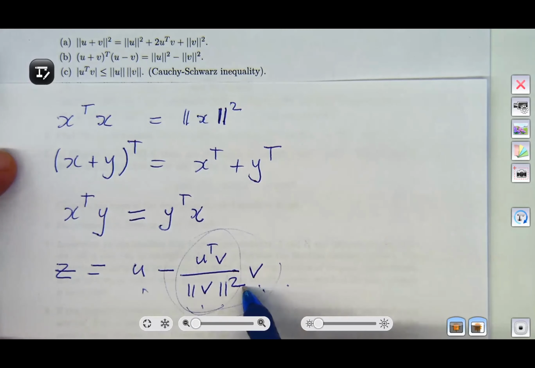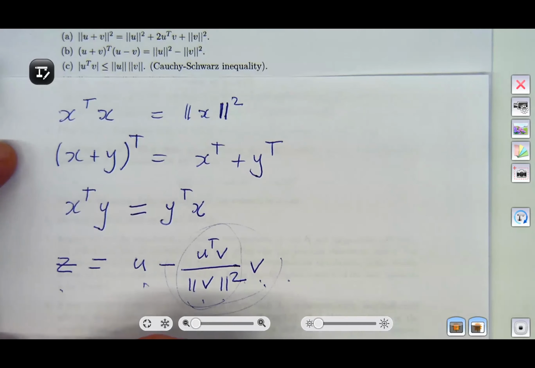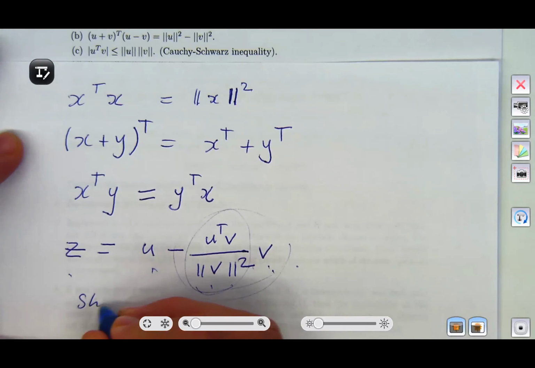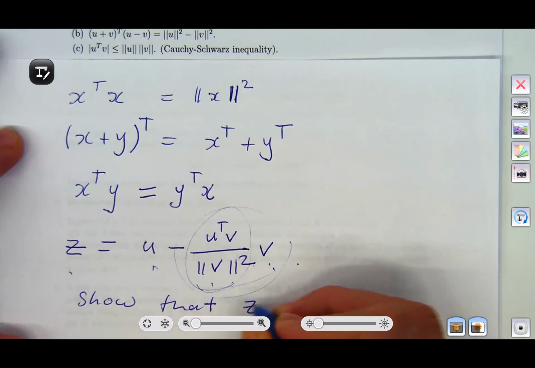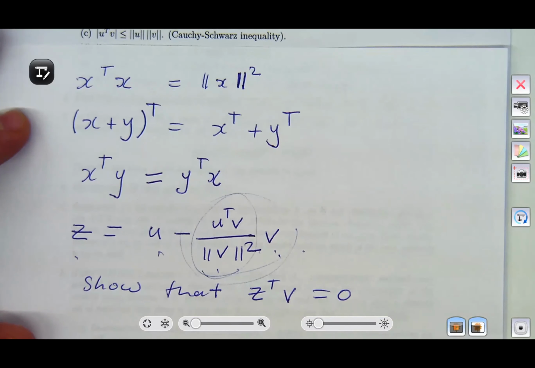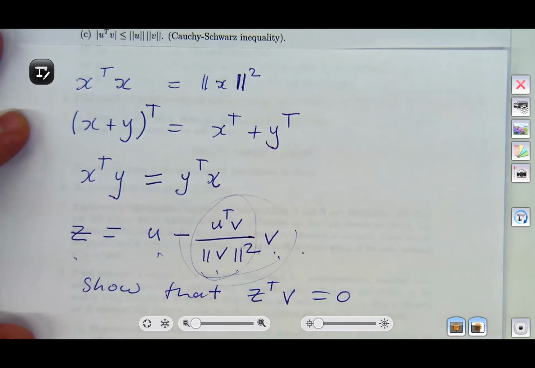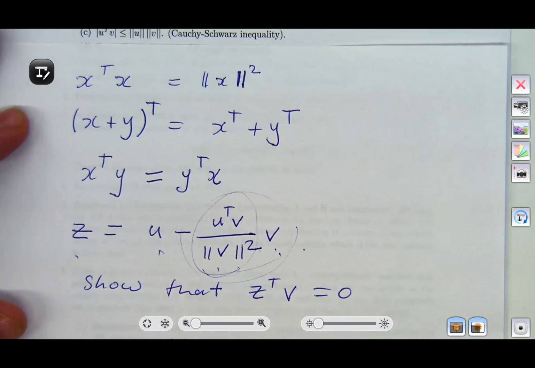Okay, but what you would do in that proof is show first that Z transpose V is 0, all right? And what that would do is tell you that the vector Z and the vector V are orthogonal.